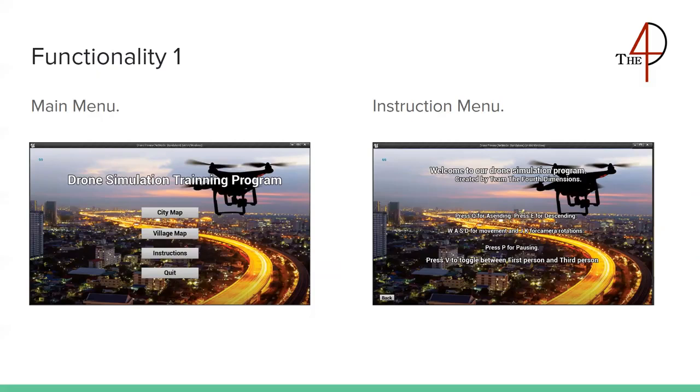You can see we have the maps option. If the user clicks on that, it will navigate to the maps, and also the instruction page on the right. In that, we basically tell the pilot the basic controls for the drones, as well as additional features such as pausing and toggling between different perspectives. I'm gonna hand it to Bowen to talk about the maps a little bit more.